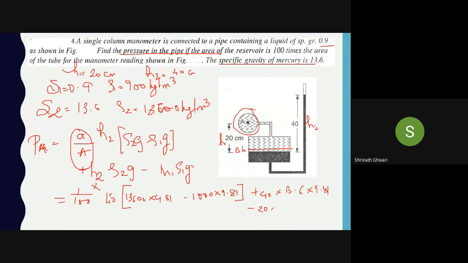Okay, remember this is in meter. Centimeter you have to convert into meter. 40 into 10 raised to minus 2, then 20 into 10 raised to minus 2, or 40 into 10 raised to minus 2.